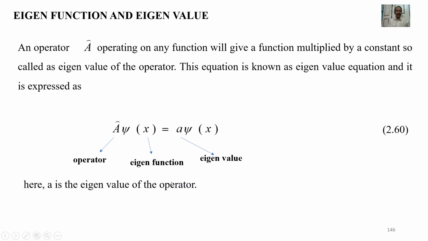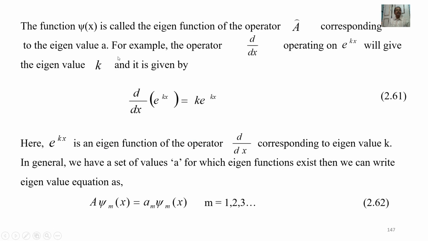A cap is the operator. The function psi of x is called the eigenfunction of the operator A corresponding to the eigenvalue small a. For example, the operator d by dx operating on e power kx gives d by dx of e power kx equals k times e power kx. So e power kx is the eigenfunction, k is the eigenvalue, and d by dx is the operator.